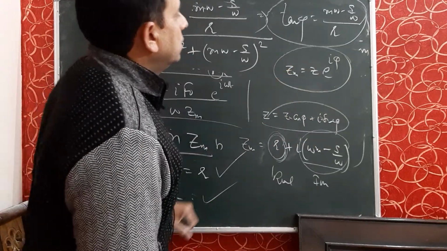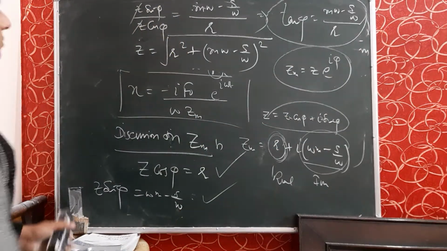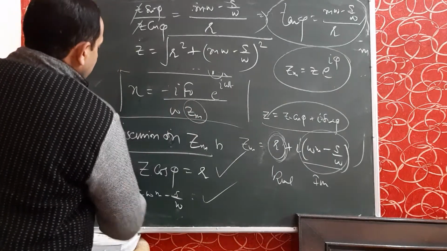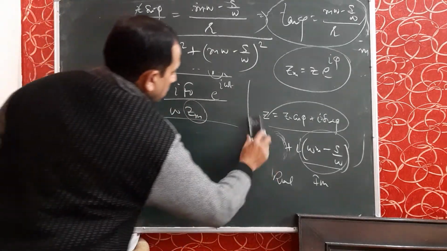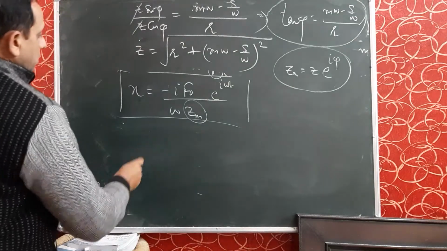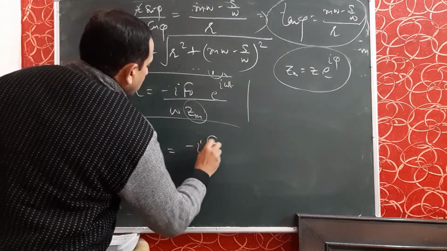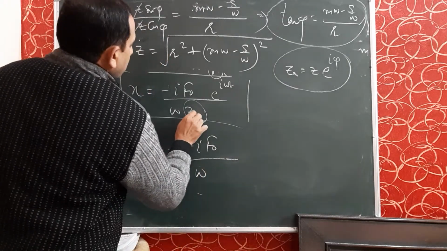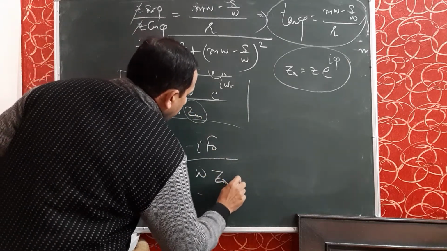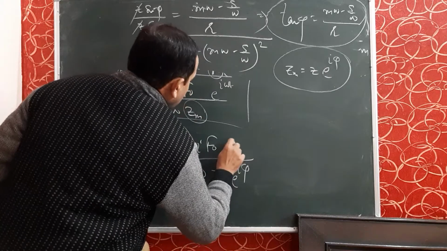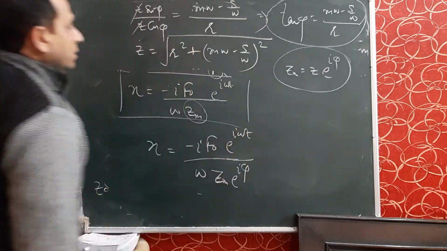So this is the impedance. So we will replace this impedance as the coefficient of A, that is, x becomes minus iota f naught upon omega into Zm into e power iota phi into e power iota omega t.